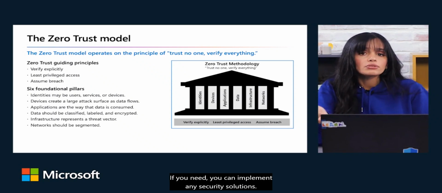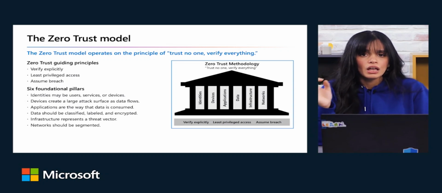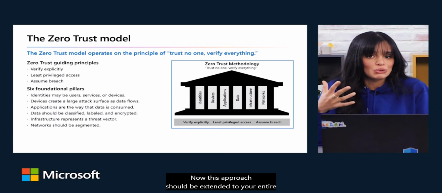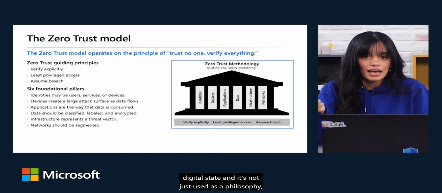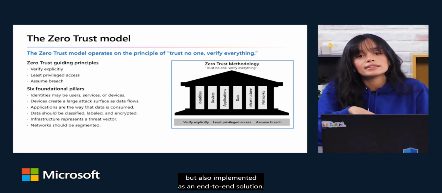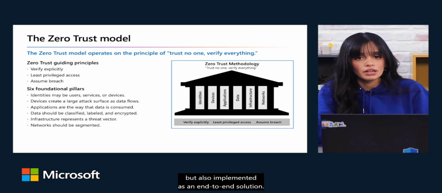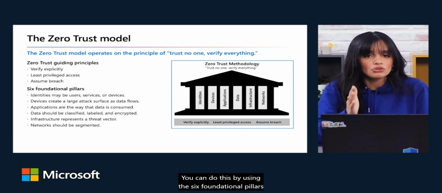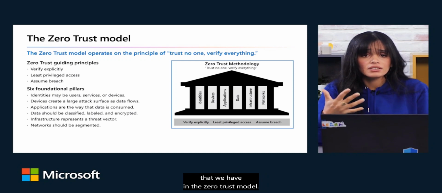And if you need, you can implement any security solutions. Now, this approach should be extended to your entire digital estate. It's not just used as a philosophy, but also implemented as an end-to-end solution. And you can do this by using the 6 foundational pillars that we have in the Zero Trust model.